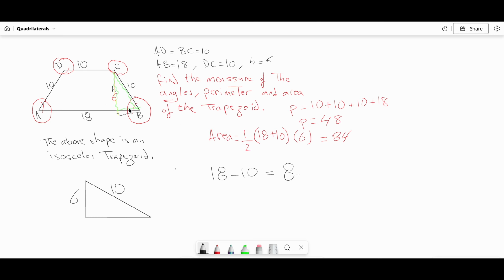And this portion here between B and where the height cuts side AB is equal also to this portion here from this point to A. And how much is this portion here? It's right, it's equal 8 divided by 2 is 4. So we know that this side is 4.